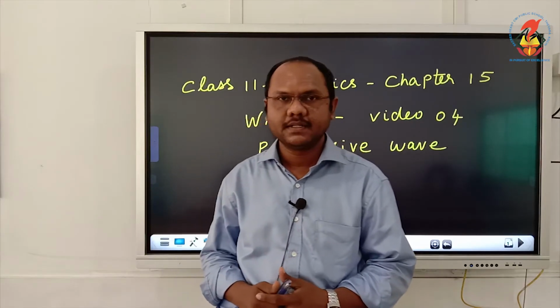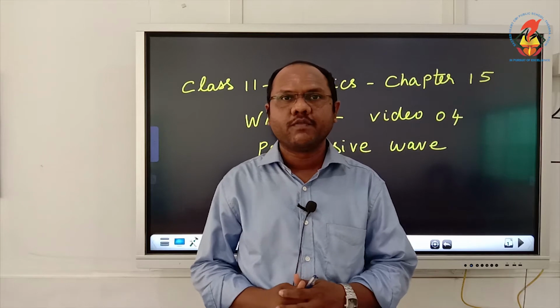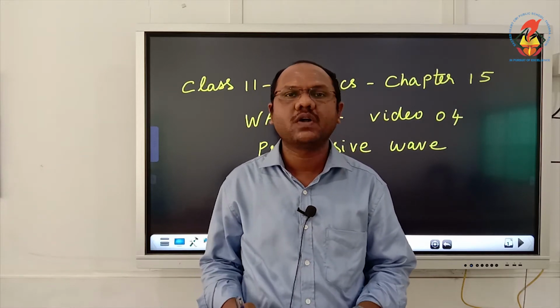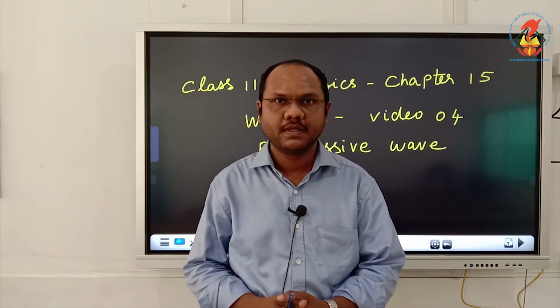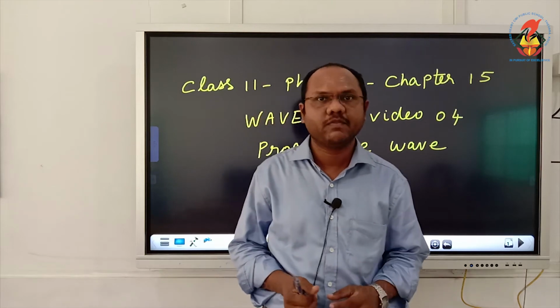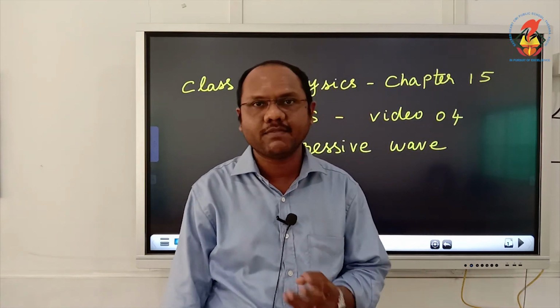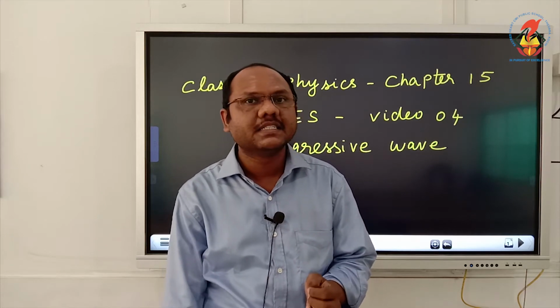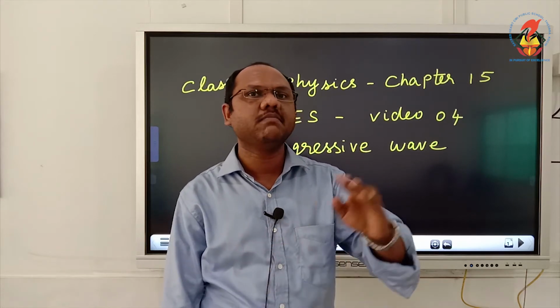Good morning, students. In this section, we are going to deal with progressive wave or traveling wave. What is meant by progressive wave or traveling wave? It is a wave which travels from one point of the medium to another.